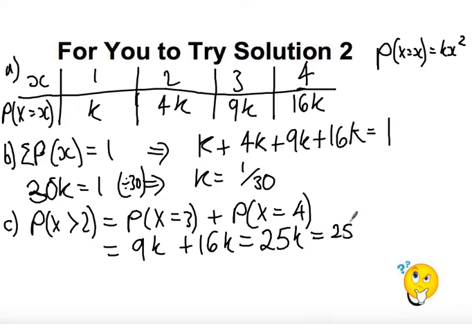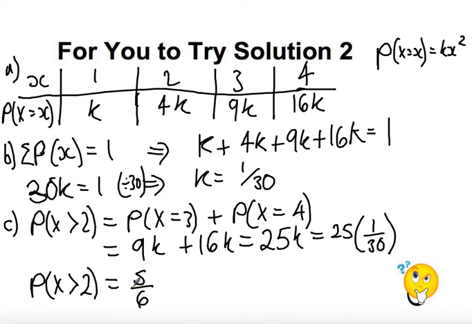In other words, 25 lots of 1 over 30. Sometimes it helps to have the k in there, because you don't have to deal with the fraction until right at the very end. So probability X is greater than 2, cancelling down the fraction, is 5/6.